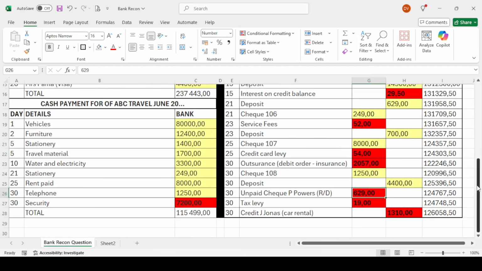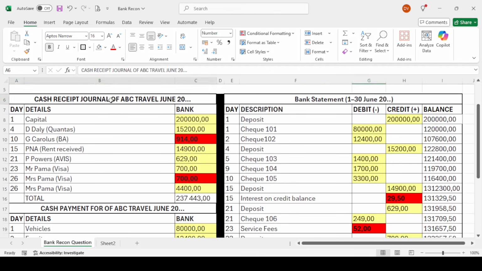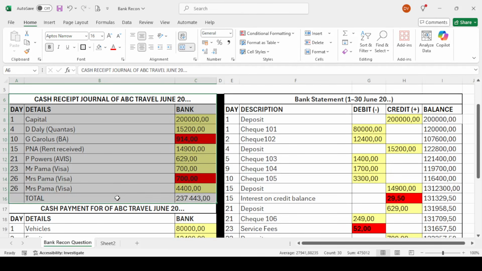Okay, so what have we done now? We've checked our cash receipt journal to see if all the amounts appear on the bank statement. All the ones that appear, you tick them off on both sides. Same with the cash payment journal. The ones that do not appear on the bank statement, you circle them because we still have to do something with them. Remember, now these ones probably have to go to the reconciliation.